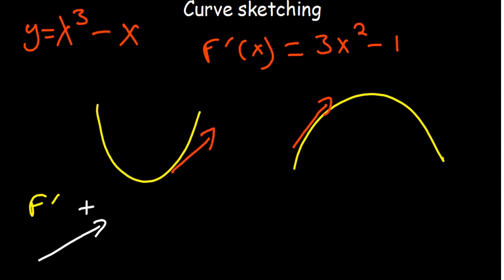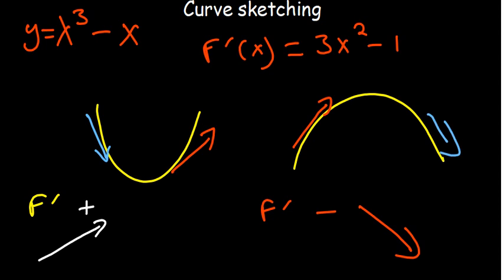So the first derivative is supposed to be positive for those two parts. And the other part where the first derivative becomes negative, it's supposed to be like this. So this is decreasing, and that is also decreasing.